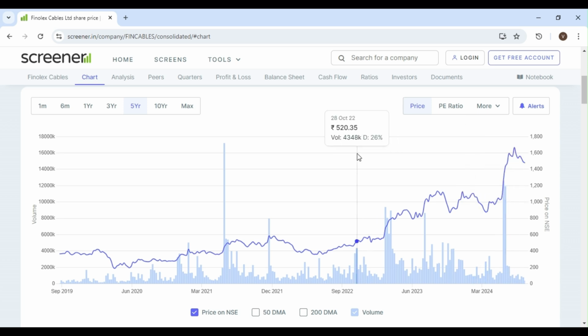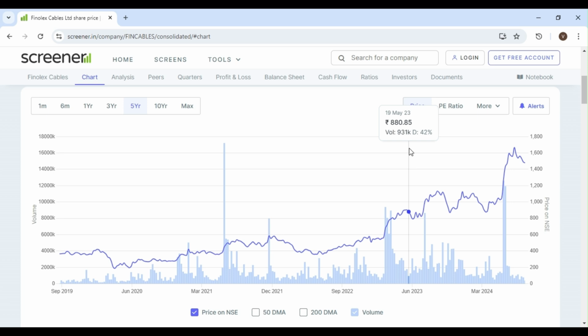So in that way we have to calculate the EPS in relation to the price. That is PE ratio, price divided by earnings per share.